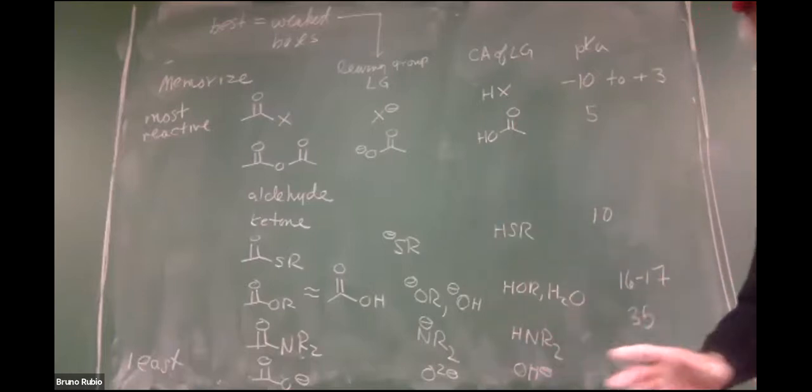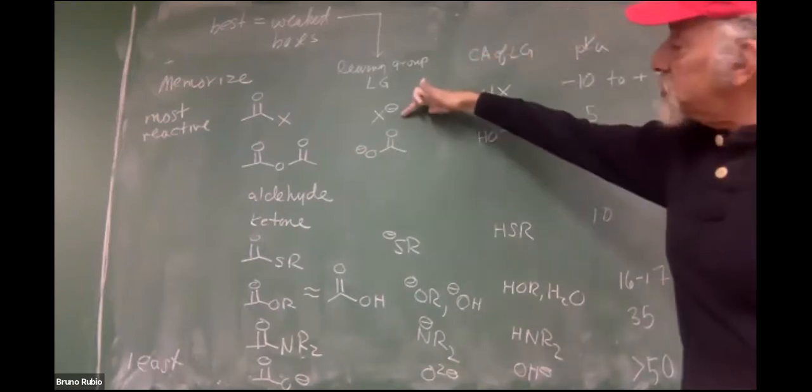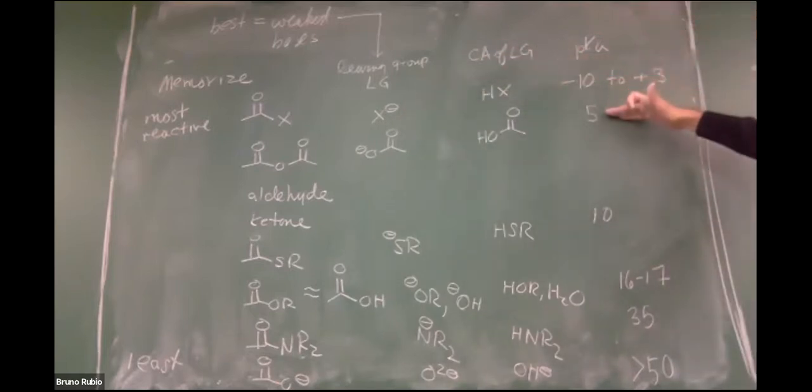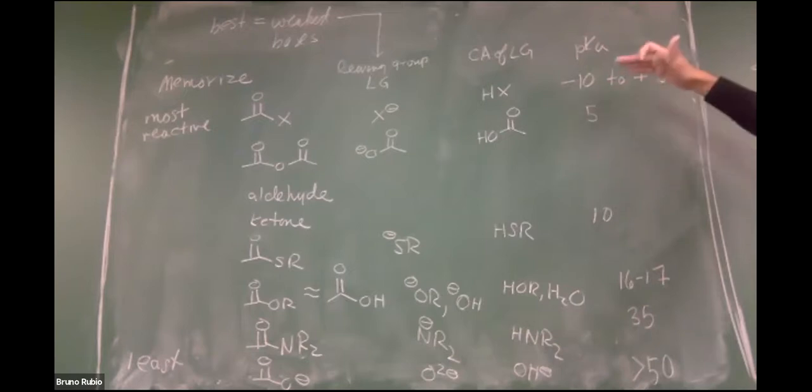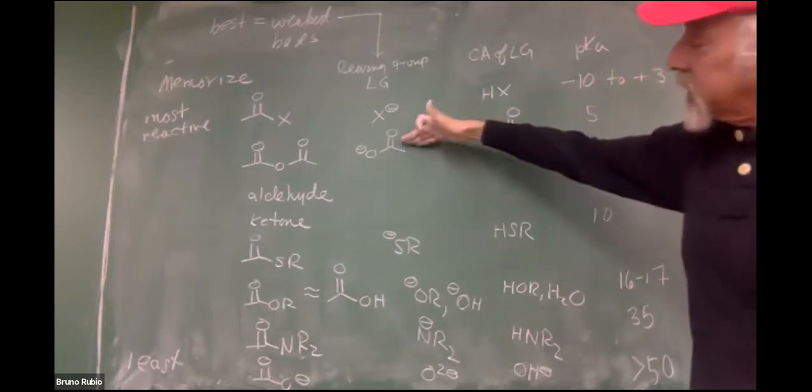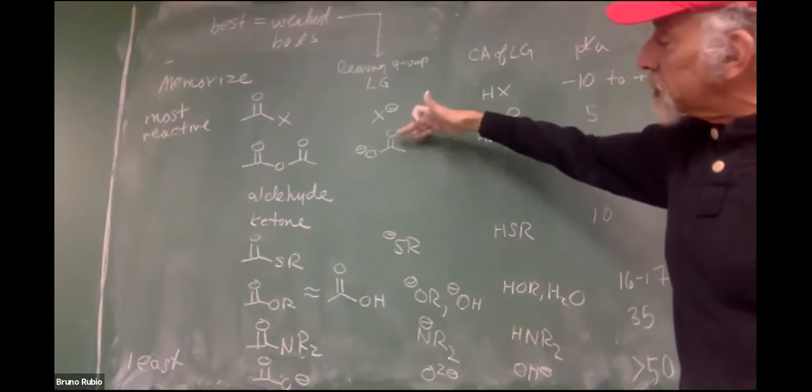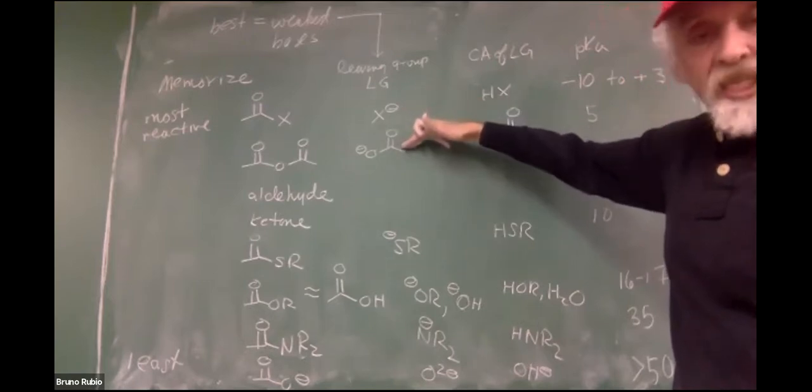And we see a very nice monotonic, no hiccup trend in leaving group ability. So that's the best leaving group. That's the weakest base. That's the strongest conjugate acid. Now this number got a little bit bigger. This is a stronger acid than these guys. This is a weaker base than this one.